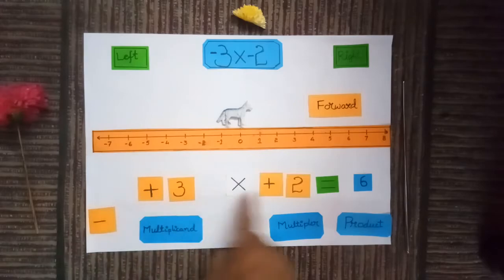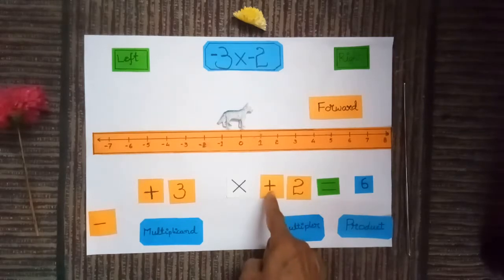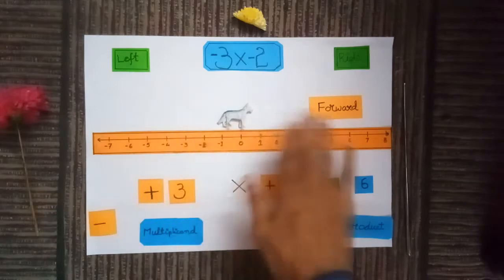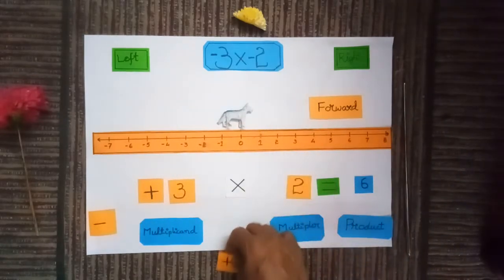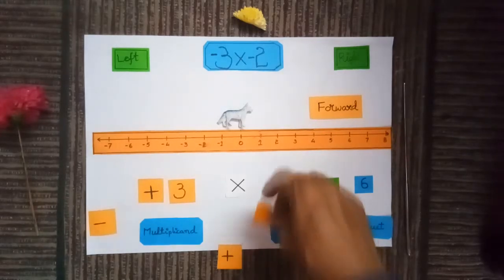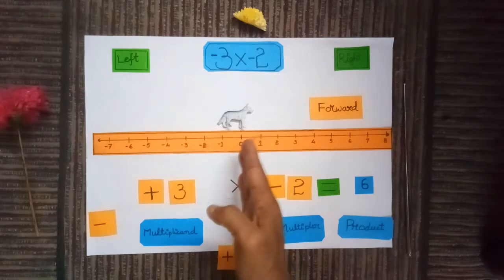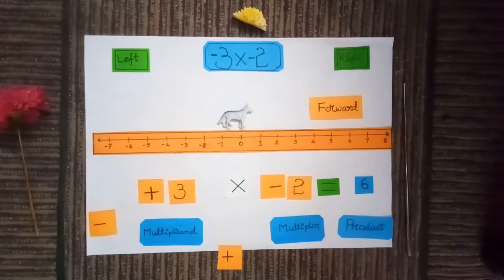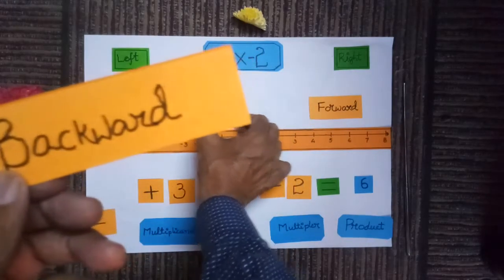Okay. Now let us try to understand the multiplier case. In the multiplier you can see the positive sign is there. Positive sign means it is moving in the forward direction. If a negative sign is there in the multiplier, then you must assume that the dog is moving backwards like this.